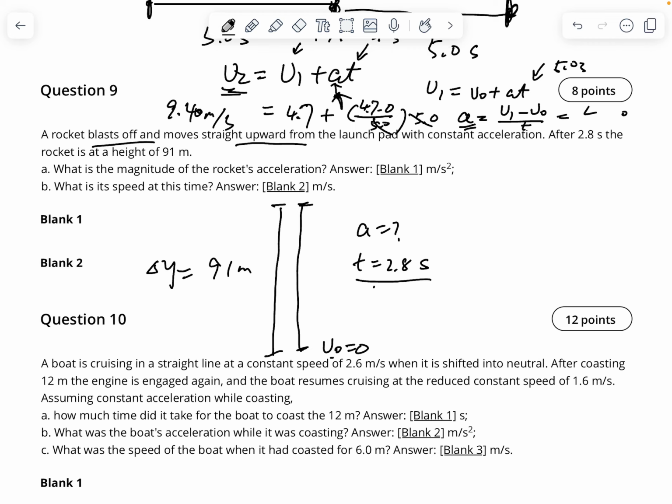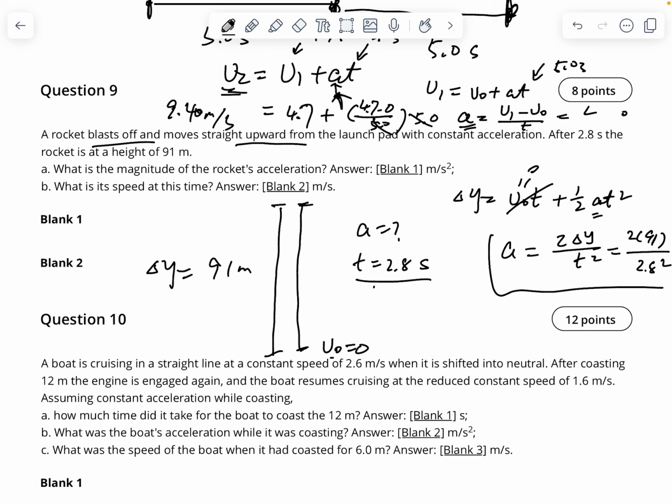We use this equation, delta y equal to v naught t plus 1/2 at squared, to figure out your acceleration, right? So v naught is 0, so this term is gone, and a equal to 2 delta y divided by t squared. So this is 2 times 91 over 2.8 squared. So this is acceleration.